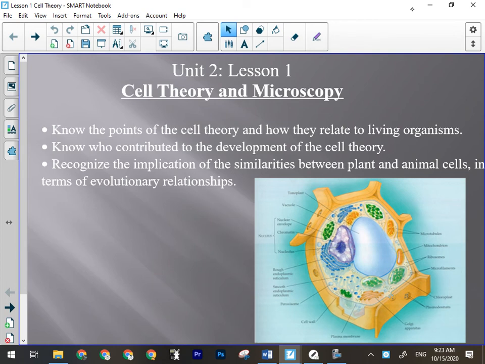Okay. All right, so we've got a picture of a basic plant cell here on the first page. What are we noticing about this plant cell? It has a cell wall. Okay, it's got a cell wall. What else? If I was to put an animal cell beside it, would they be more similar to each other or more different from each other?